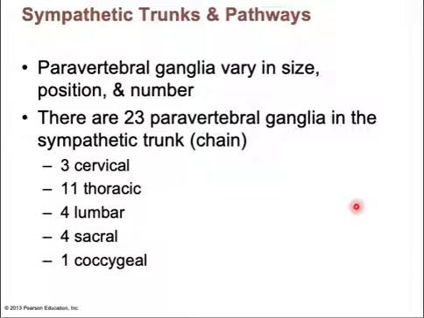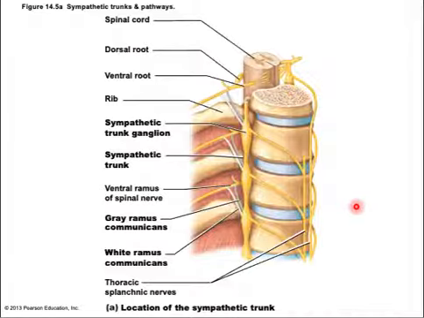Okay, so this is sort of a way to expand the range of the reach of the sympathetic autonomic nervous system, and you can see the paravertebral ganglia here. The connection between the pre and the postganglionic neurons is through what are called the rami communicans.